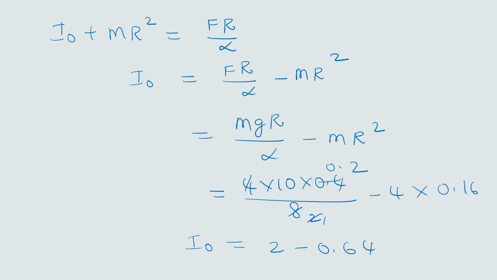Therefore I naught is equal to 1.36 kilogram meter square. Moment of inertia I naught is equal to 1.36 kilogram meter square. Okay, next we will go to the next question.